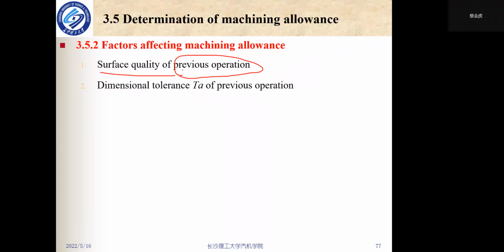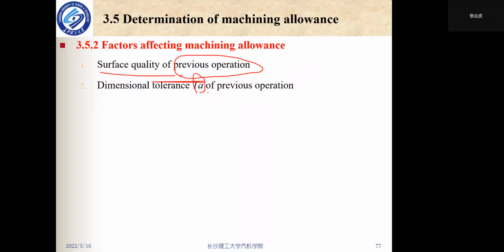The dimensional tolerance is represented by TA, which means dimensional tolerance of previous operation.